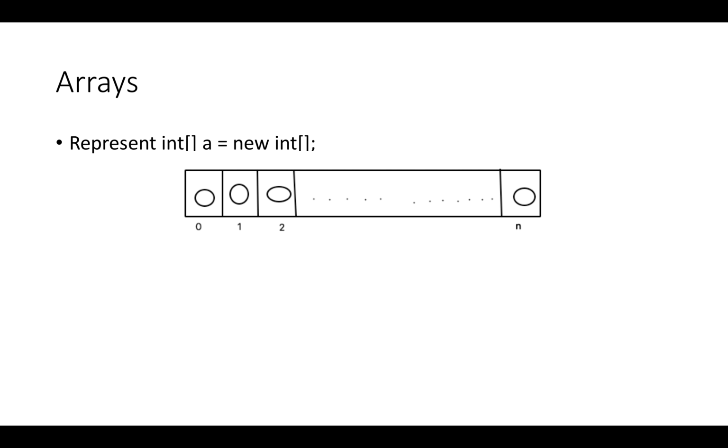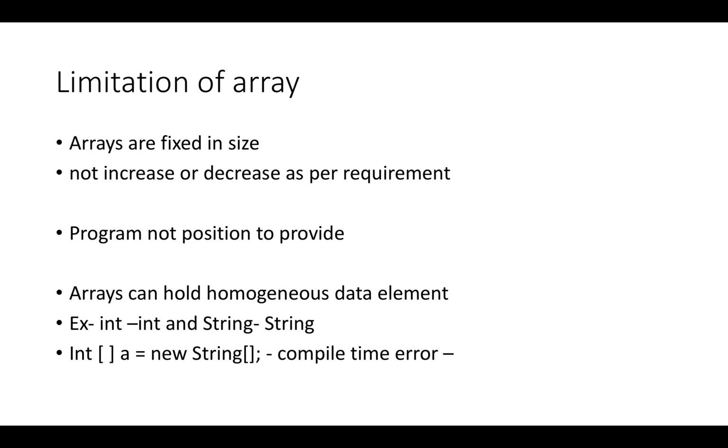Using arrays, we can hold large values in a single data set, but arrays have some disadvantages. So what are the disadvantages of arrays? Mainly, arrays are fixed in size.